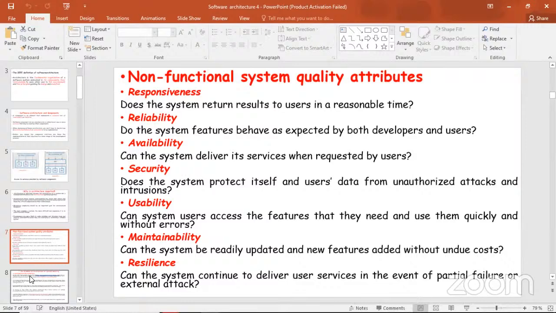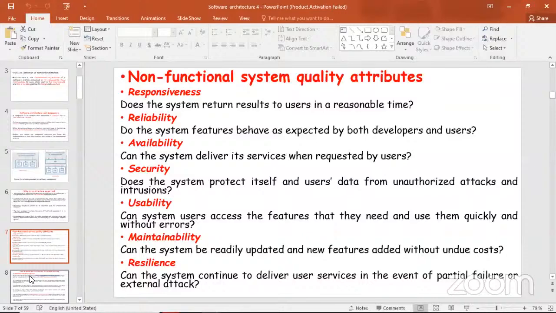So then reliability: does the system feature behave as expected by both developer and user? Availability: can the system deliver its services when requested by user? Security: does the system protect itself and a user's data from unauthorized attack and intrusion? Usability: can system users access the features that they need and use them quickly without errors?